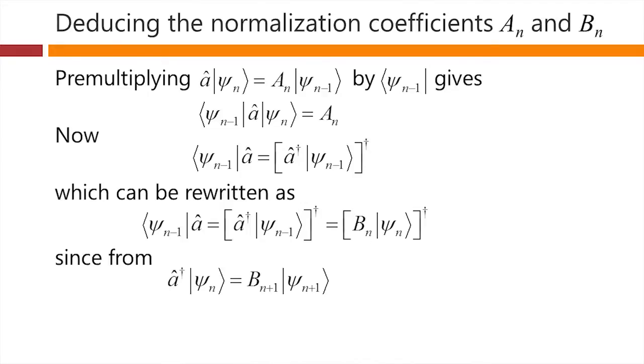That is, we know that A dagger psi n was Bn plus 1 psi n plus 1. So therefore, A dagger psi n minus 1 is just Bn psi n. So therefore, we know that psi n minus 1 A is just Bn psi n dagger.